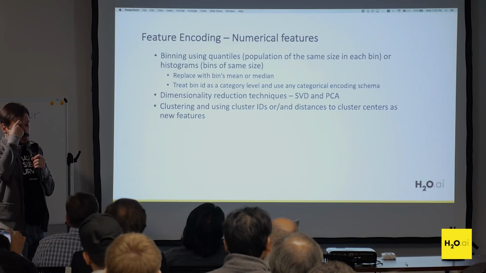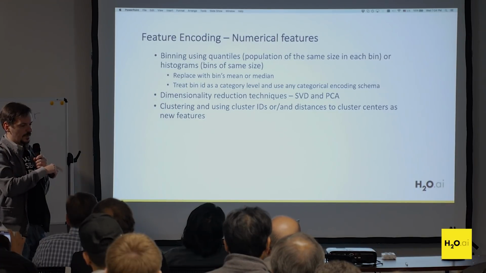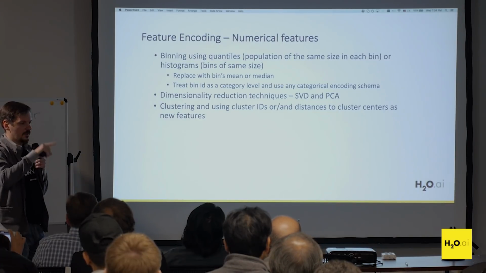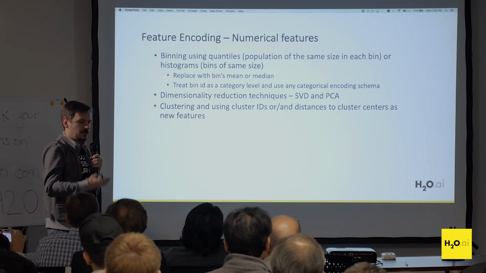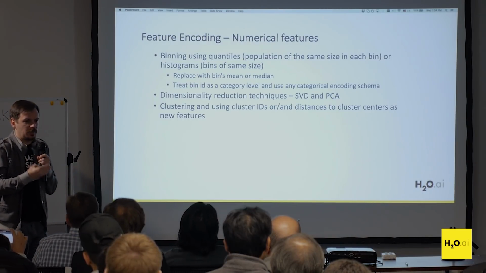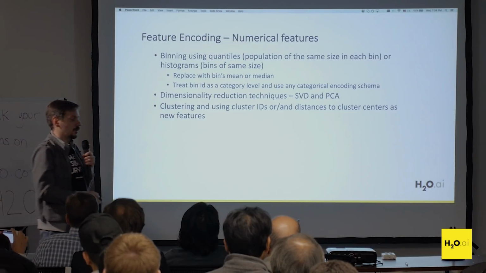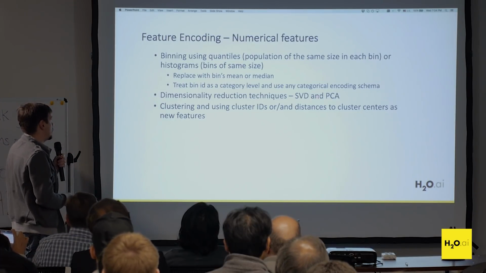That feature might be useful for tree-based models, because tree-based models usually have a hard time approximating linear dependency. But SVD and PCA, because of their linear nature, can approximate some sort of linear dependency quite well for you. So that will be a very good support for tree-based methods.